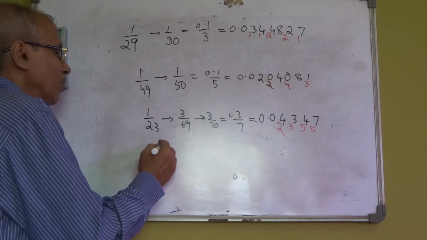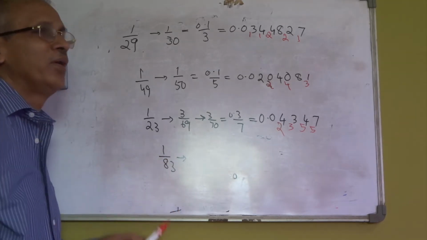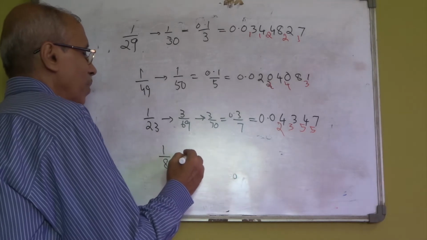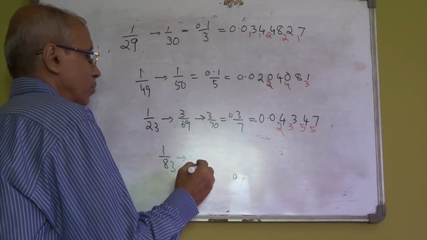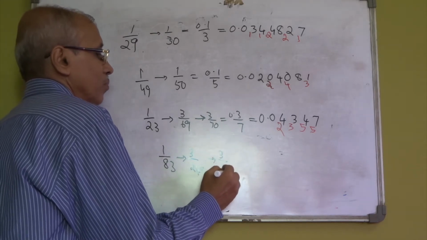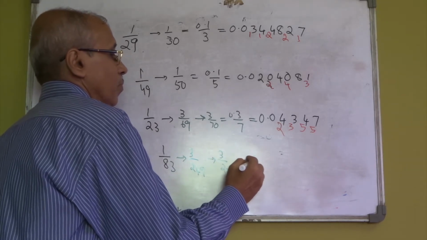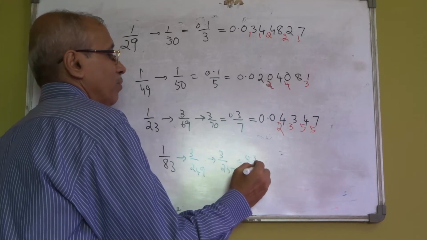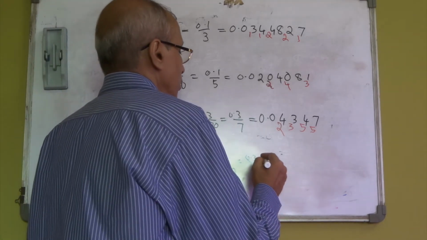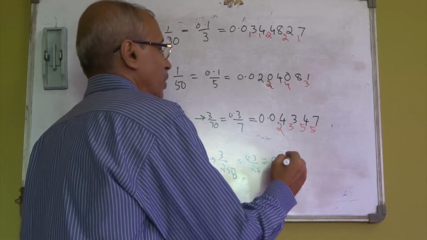Let us take one more, 1 by 83. It is again ending with 3, not ending with 9. As we did earlier, multiply by 3. Add 1. By 25, 24. 40 by 25 is 1.